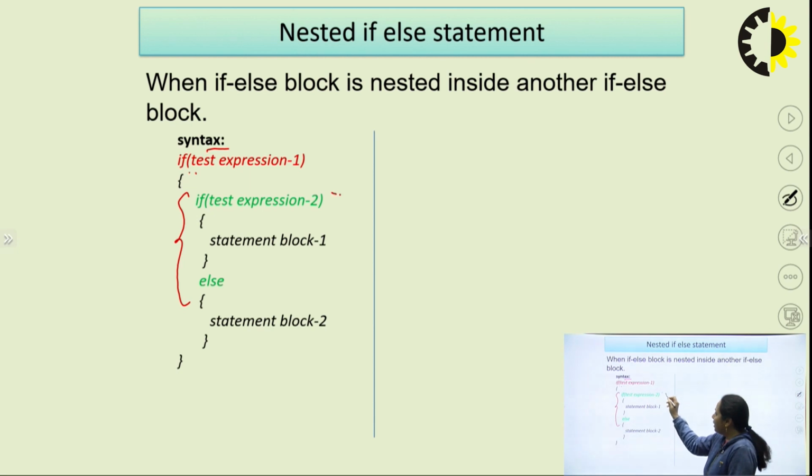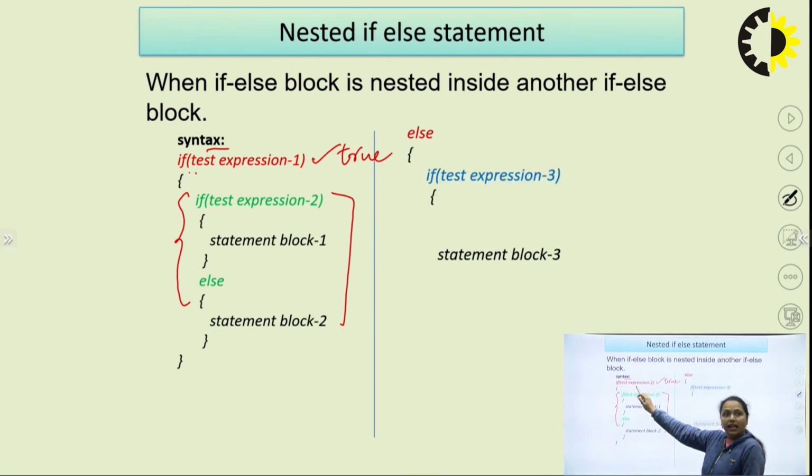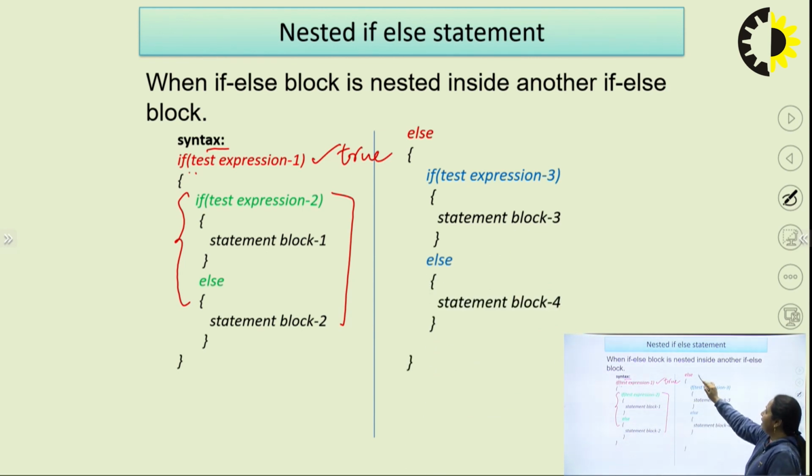Means this particular section, that is if test expression 2, will only execute when test expression 1 is true. If this test expression 1 is false, in that particular case, we will execute the else part.